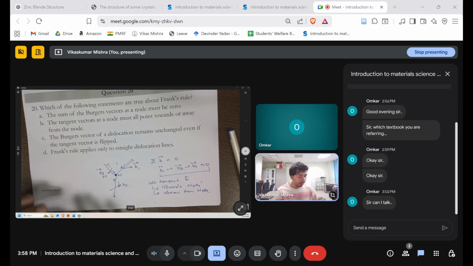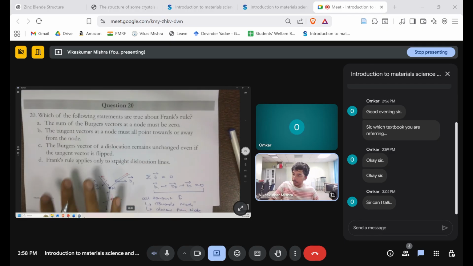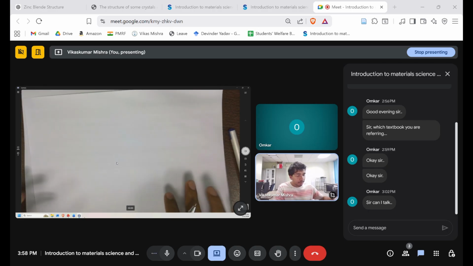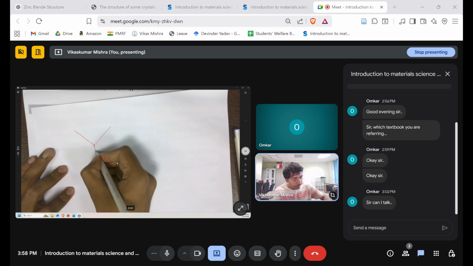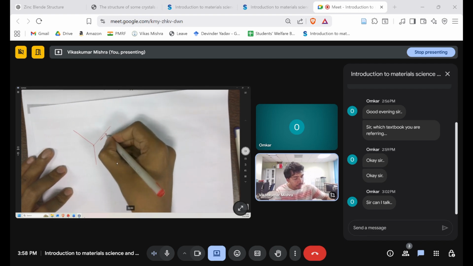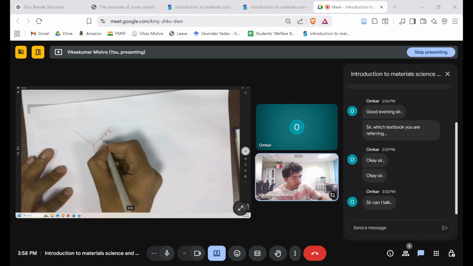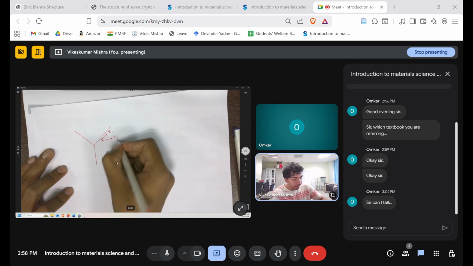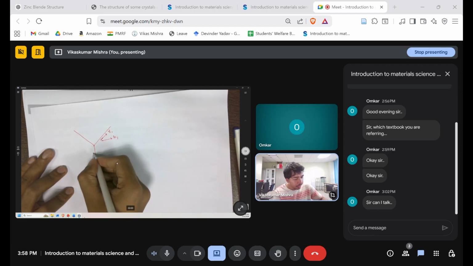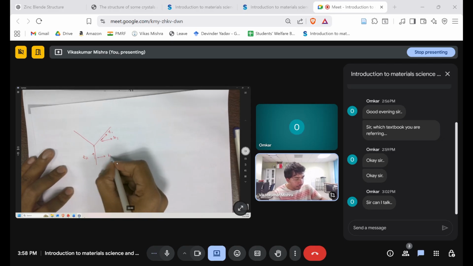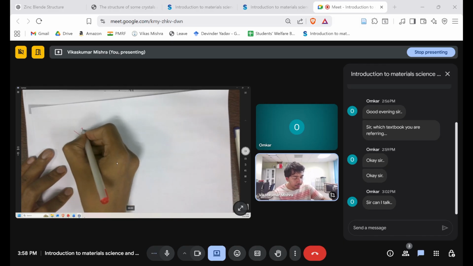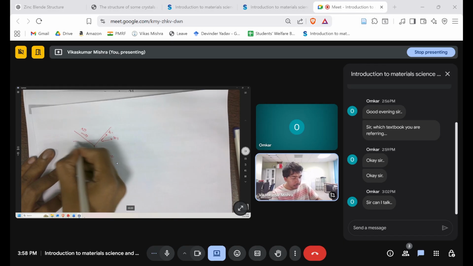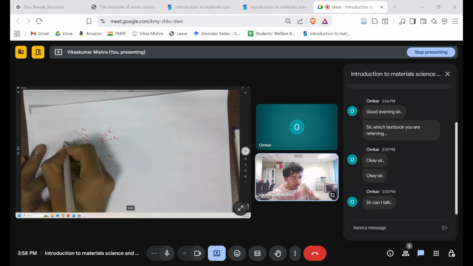If this is not satisfied, we have to change a few things. For example, let's say here is a case. This is a tangent vector t1, this is its Burgess vector b1. This is tangent vector t2, this is Burgess vector, let's say b2, and tangent vector t3, and this is Burgess vector b3.